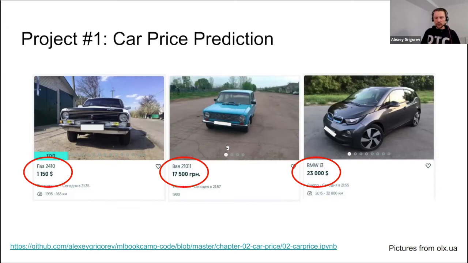You know that if a car is young, then it's more expensive than a car that is old. So you can take all these things into consideration and build a model that takes all these characteristics of a car and uses them for predicting the price of a car.